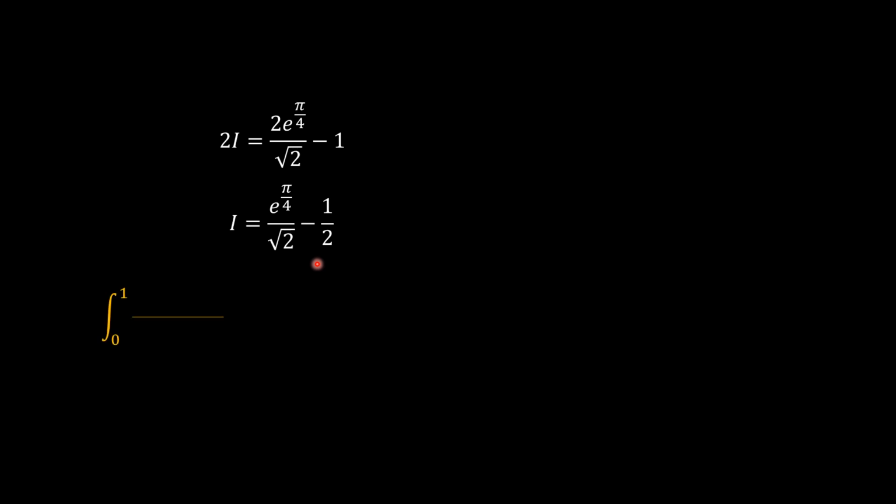And that means that our integral from x equals 0 to x equals 1 of the arctangent of x over x squared plus 1 to the power 3 over 2 is the same as e to the pi over 4 over root 2 minus a half. And that's the answer that was expected.